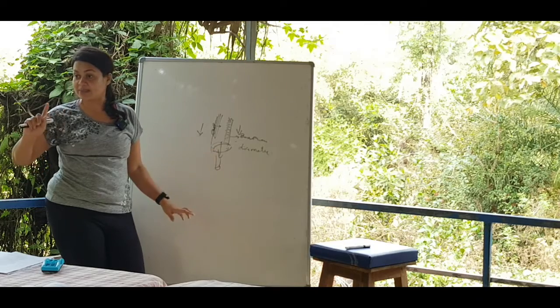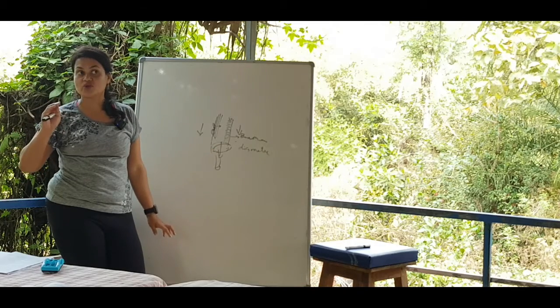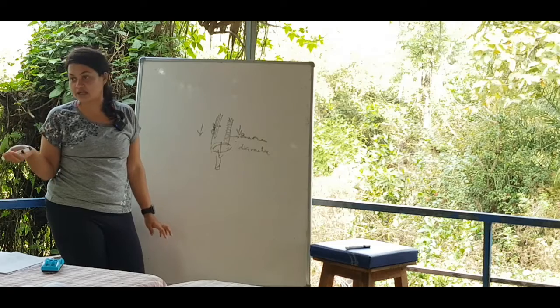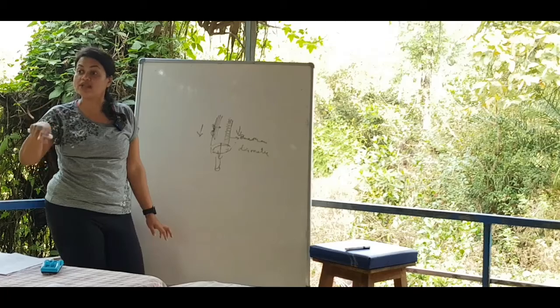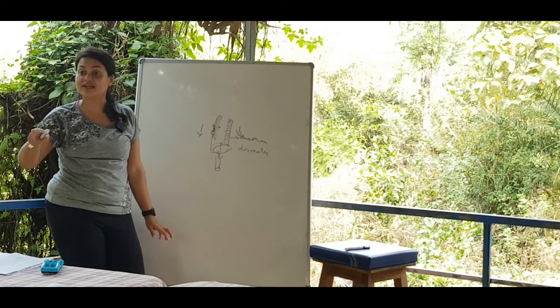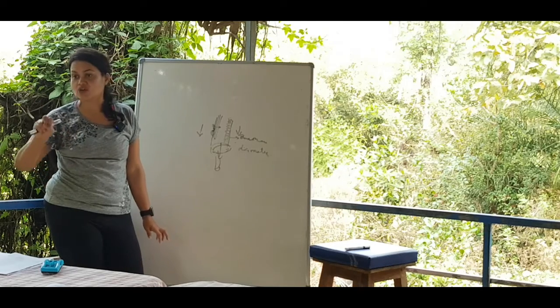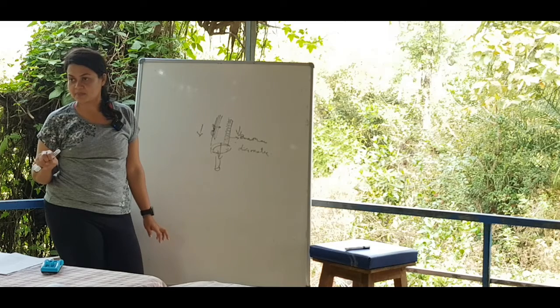For example, if a person has been doing exercise for a long term, like athletes, and all of a sudden they leave exercise, what happens most of the time? They get cramps. They get contractions in their muscles. Have you heard about it?